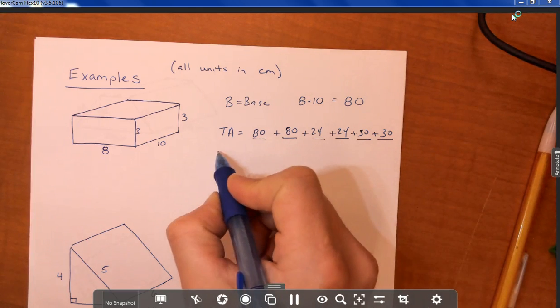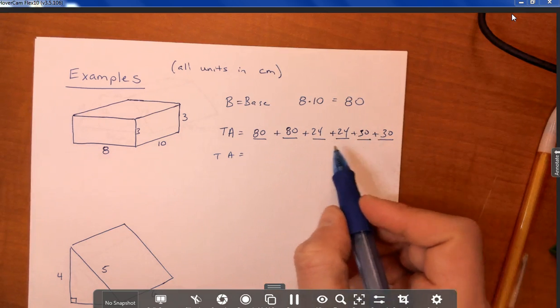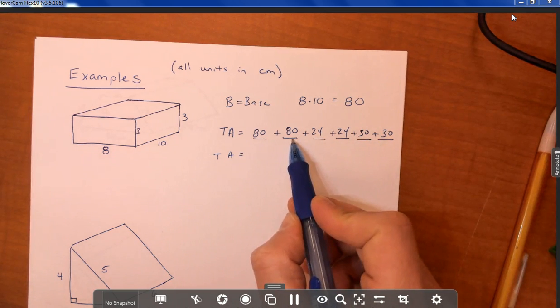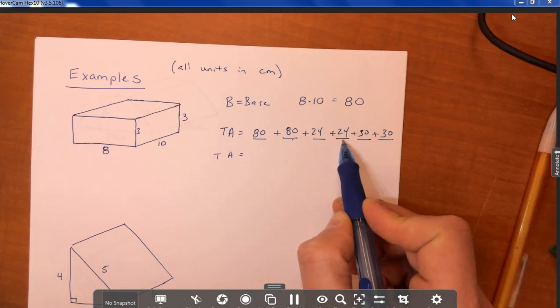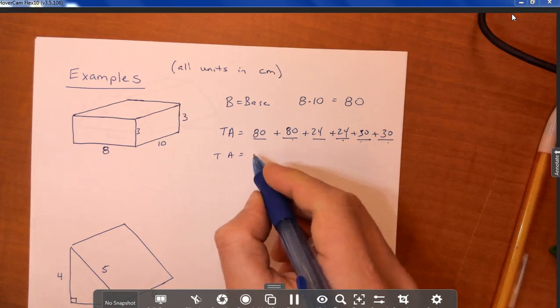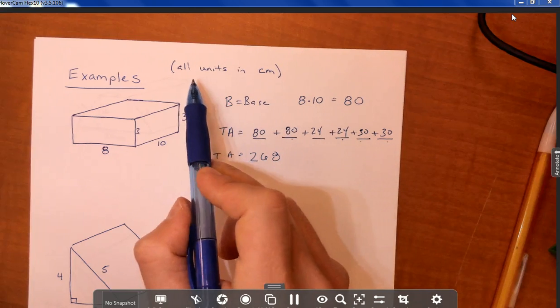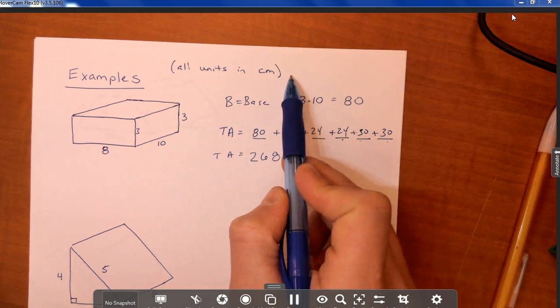So if we add these up, we're going to have 160 plus this is 48, so that's 208, and then 208 plus right here is another 60, so that's going to be 268. And I put a little note up here that we're going to assume all units were in centimeters.